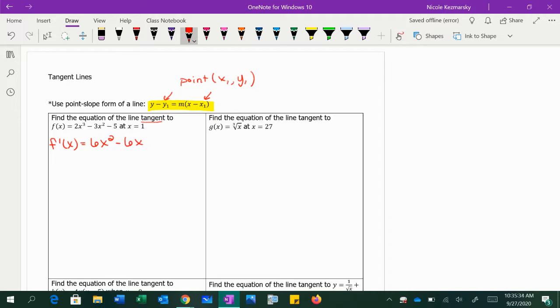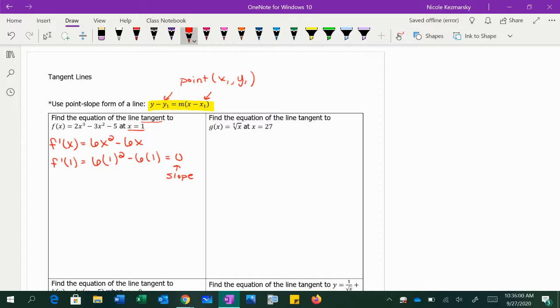I'm not going to bother writing it. Then I'm going to find f prime of 1 because it told me to find the equation of the tangent line at 1. So I'm going to say 6 times 1 squared minus 6 times 1, which gets me, let's see, 6 minus 6 is 0. So this is my slope.